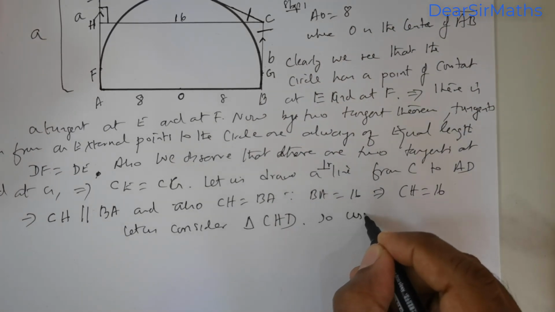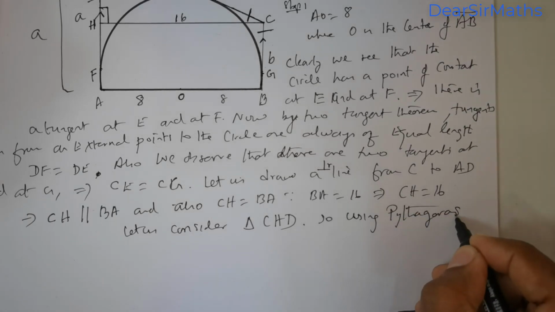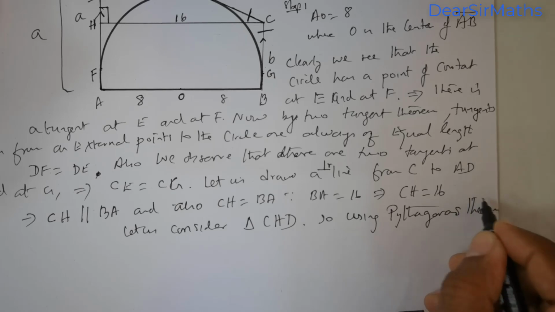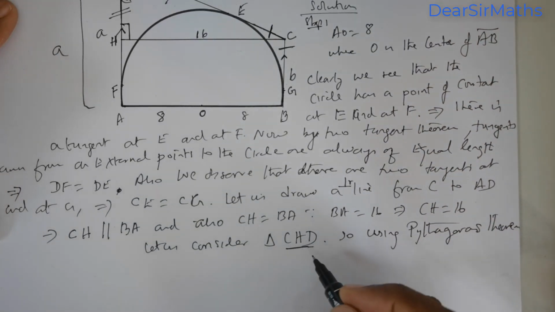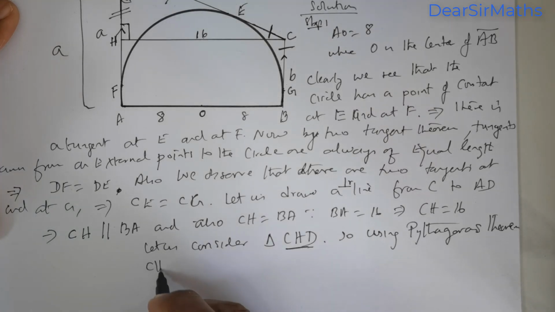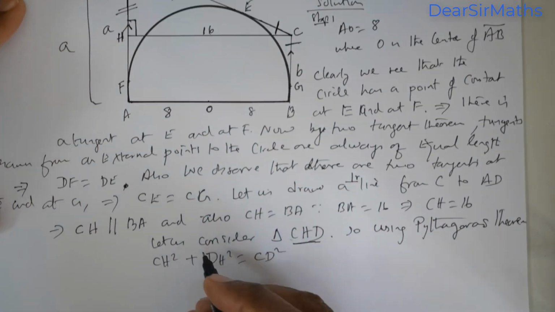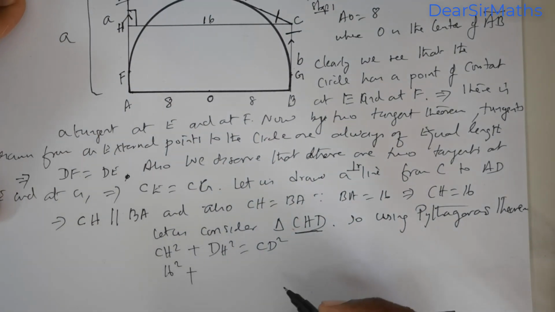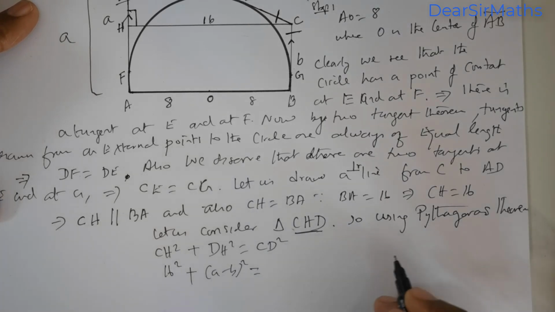Using Pythagoras theorem, why am I using it? Because it's a right angle triangle. So CH squared plus DH squared is equal to CD squared. CH is 16 squared plus DH is A minus B squared, equal to CD squared.